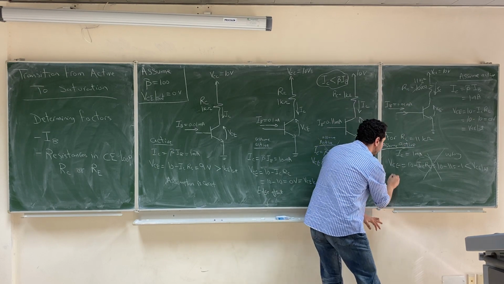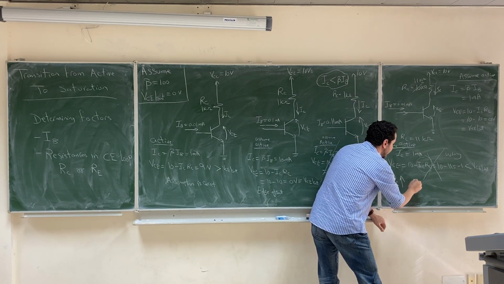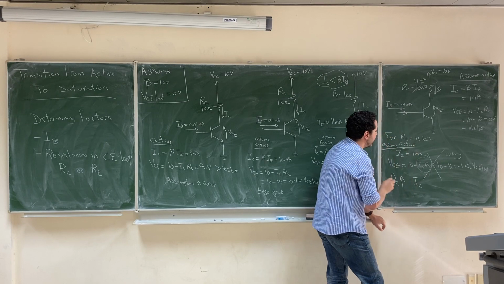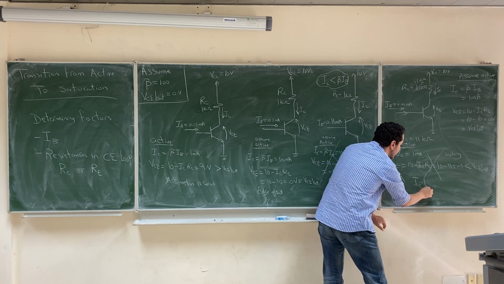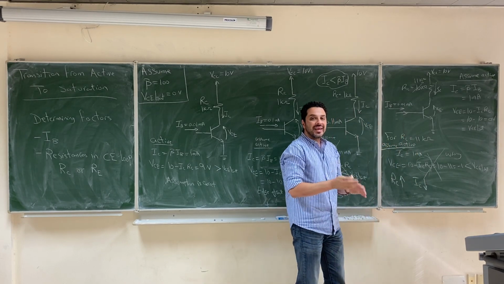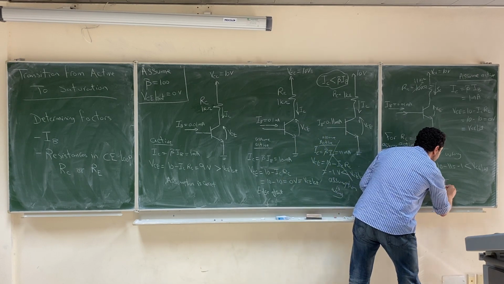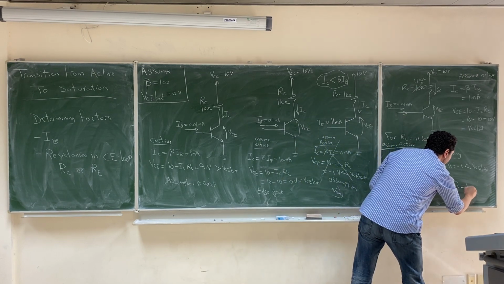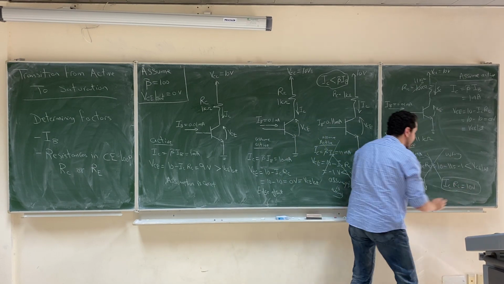So as you increase RC, IC after this point is going to decrease so that the drop across the resistor will be exactly 10 volt.